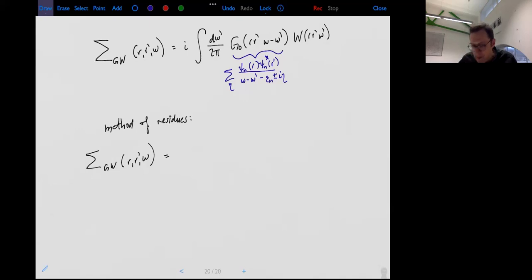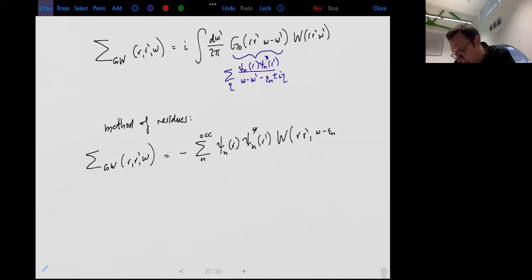So I have poles in G0, and they give me the following contribution. I have a sum over occupied states, psi n (r) psi n star (r prime) W(r, r prime, omega minus epsilon n), which is what I introduced last time as the screened exchange term. The screened exchange term is basically what you get when you pick up the poles from the Green's function.